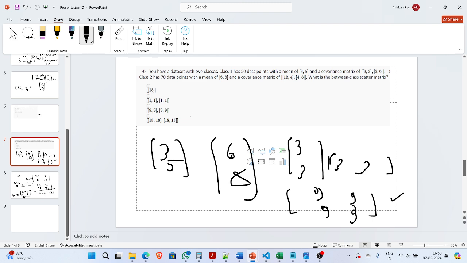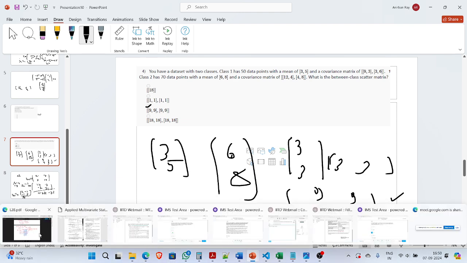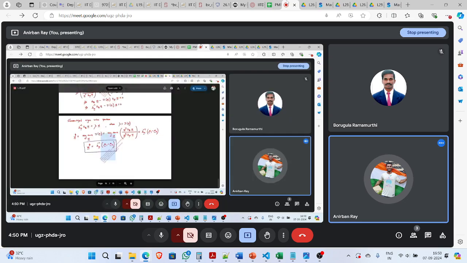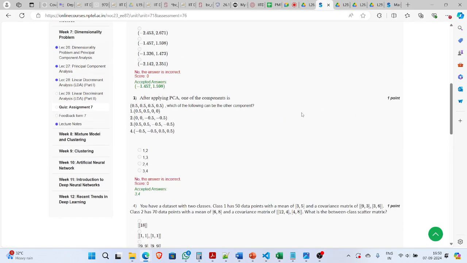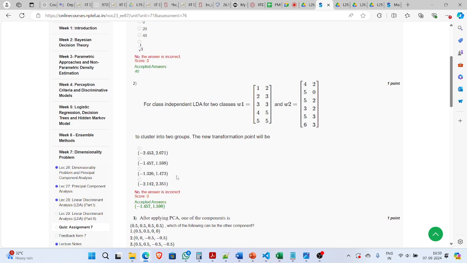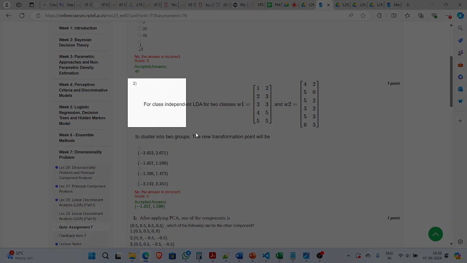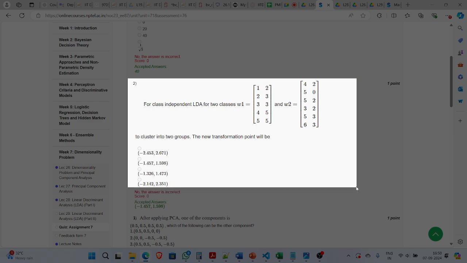Okay, this is the answer, right? So you got it. Nothing more was required. That is what they asked. So this one was done. Some calculation mistake derailed the solution. But for this question we need to do a lot of calculation, so let me show you how it is done.